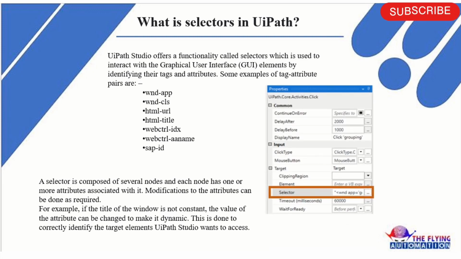You can see one panel available here. In this panel you can see the selector tab. In this tab we can provide the selector. If we click the three dots, it opens the UiPath selector editor. So we'll see the selector editor.